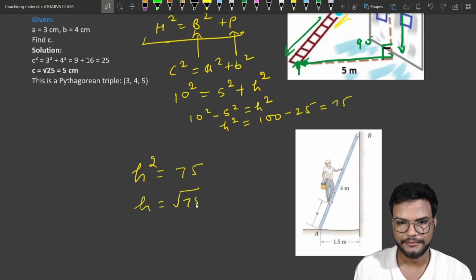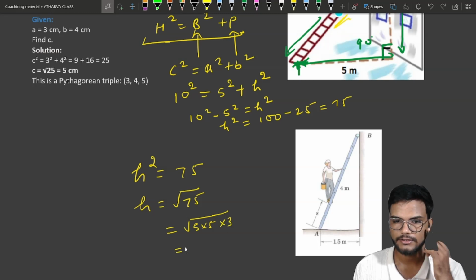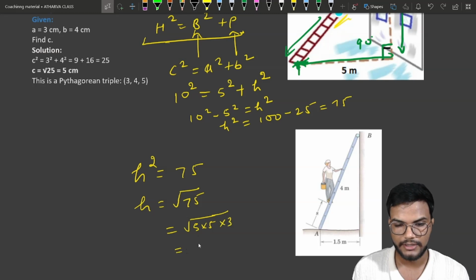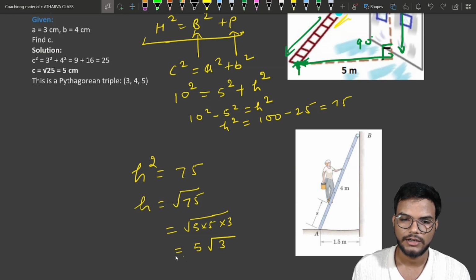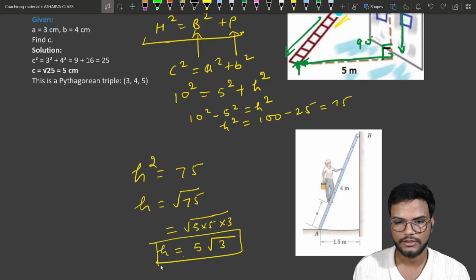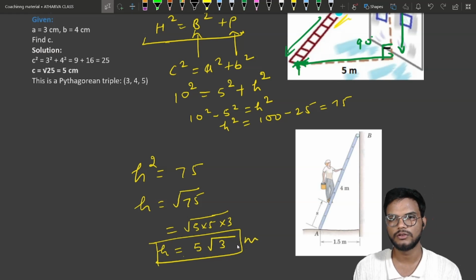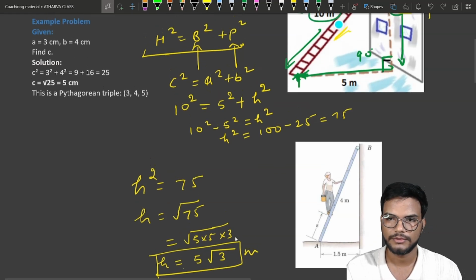So h will be the root of 75, and we can simplify it further. 5 fives are 25, and multiplied by 3 it is 75. Taking the square root of 25 out as 5, you get 3 inside the root.